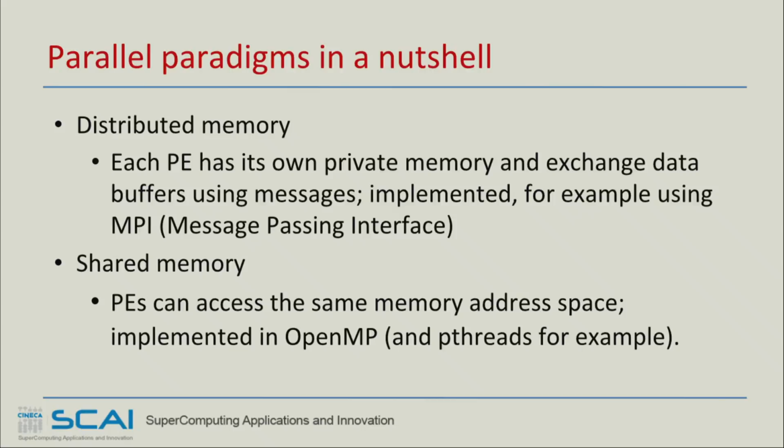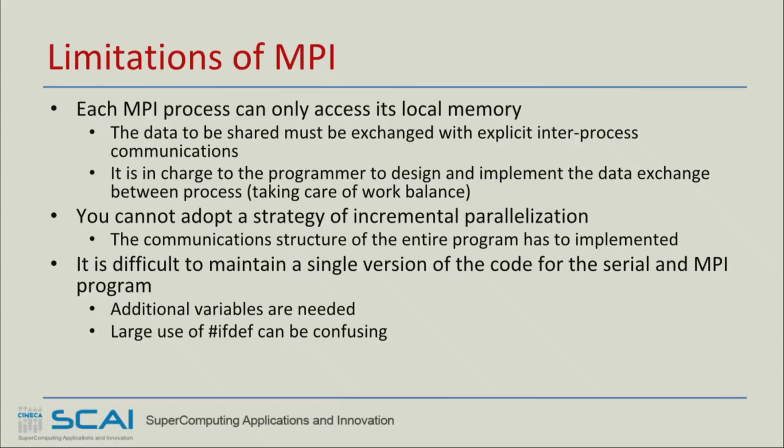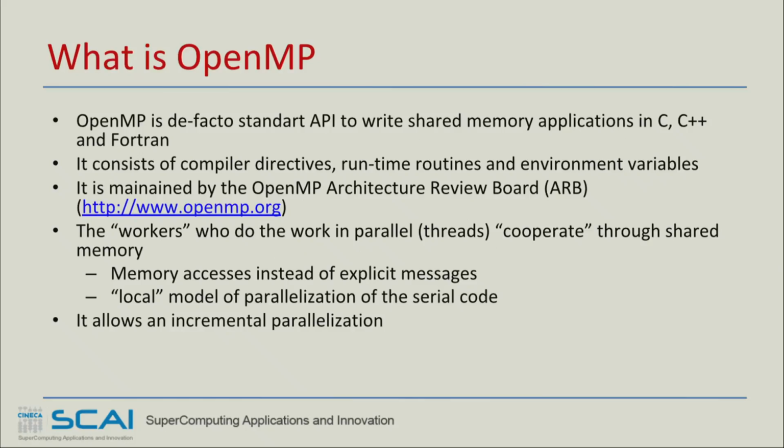Processes can access the same memory address space, and this is implemented in OpenMP and in pthreads with a lot of differences. Here we will focus only on OpenMP because it's the de facto standard when parallelizing scientific applications. You know already what are the limitations of MPI. I already discussed that yesterday.